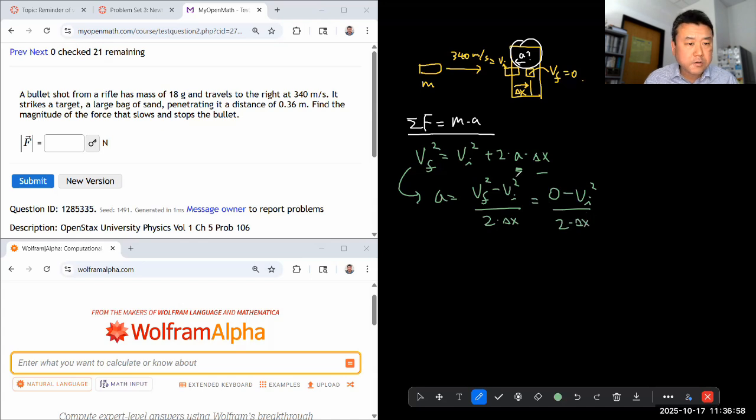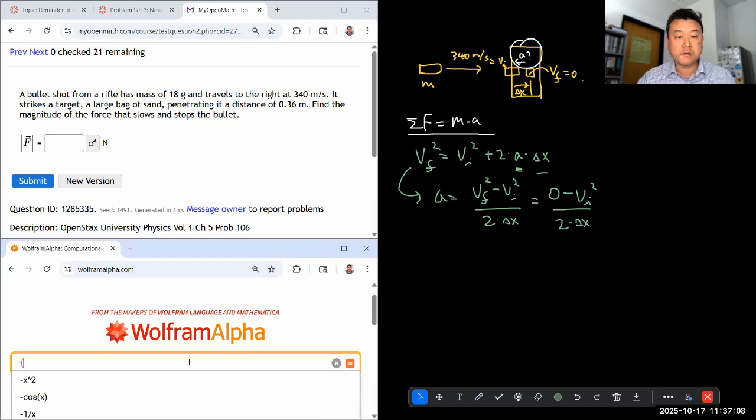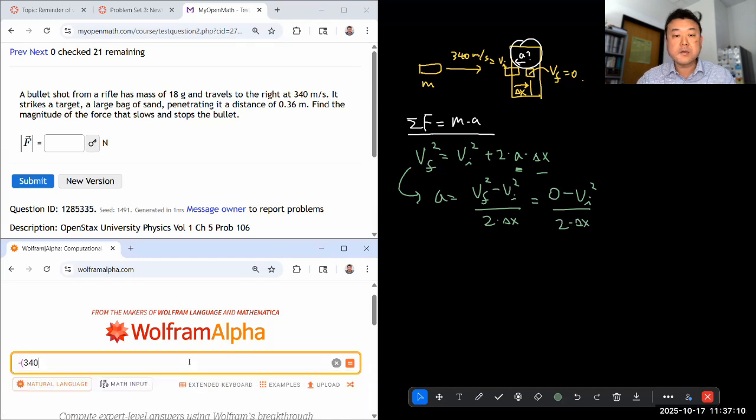I think all the numbers are in basic SI units, or I can easily convert to basic SI units. So let me do that. Initial velocity is 340 meters per second. So I'm just going to keep everything in basic SI units and not put in any units in the Wolfram Alpha. So 340 squared divided by 2 times the delta x, 0.36 meters, basic SI units.